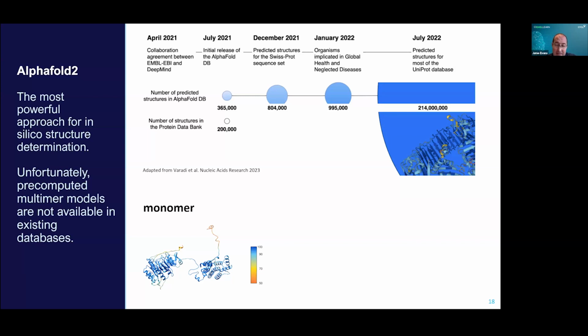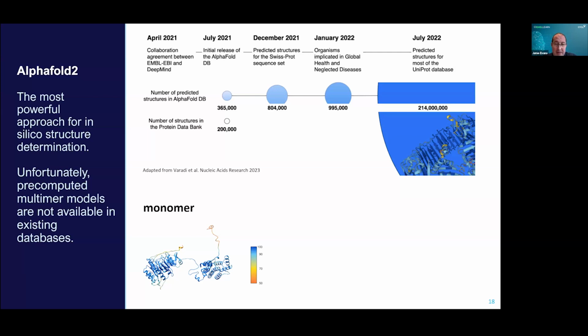At the same time, we've also identified, not us, but others, have identified that there's still hundreds of millions of proteins that have low confidence in these models, or regions of low confidence.